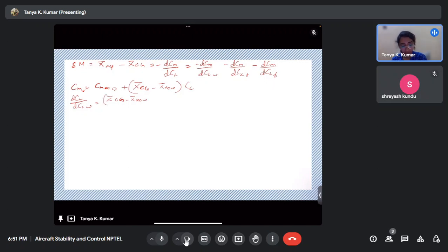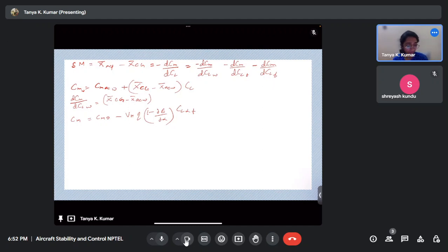Okay, similarly let's do it for the tail. So Cm of the tail in relation to the Cl. You get Cm naught minus Vh eta times 1 minus dou epsilon by dou alpha into Cl alpha tail, right? What term is missing here?